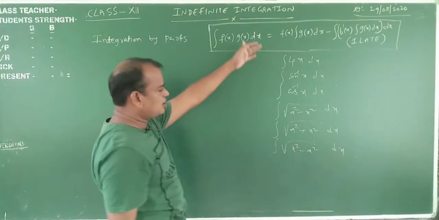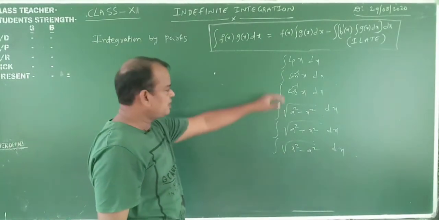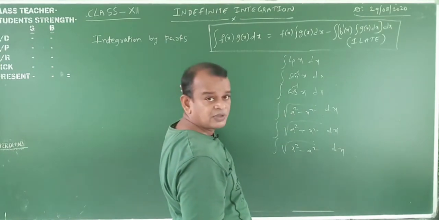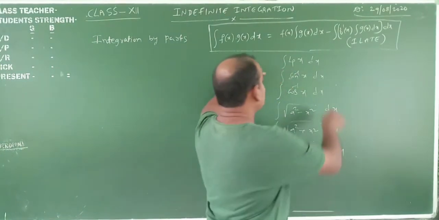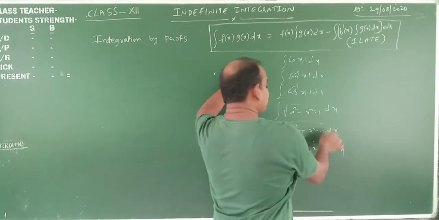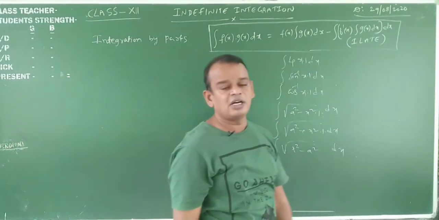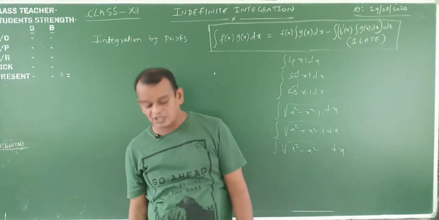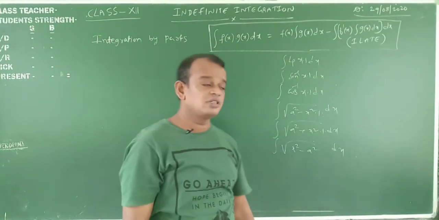These are all the special functions. Whenever these functions occur in the integration, compulsorily the second function must be taken as 1. Remember this one. Otherwise, it is very complicated to find the integration of the given function. Okay, my dear students, these are the special functions.